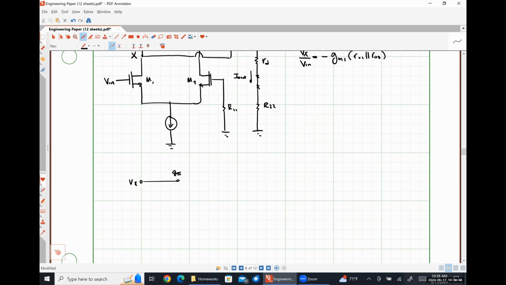This is the gate of M5. Our source was at ground.